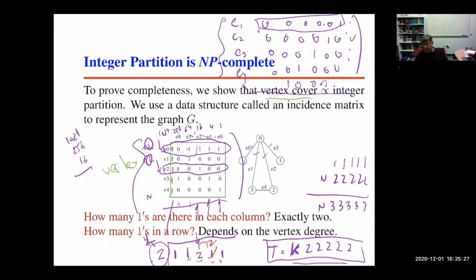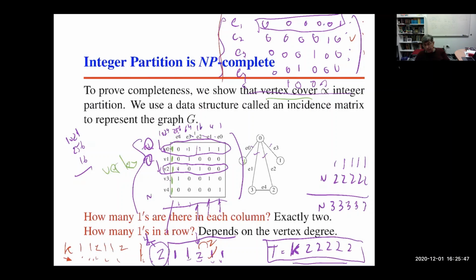So if I take any vertex cover of size k, adding up those rows will give me a k in the high position, followed by a mix of 1s and 2s.